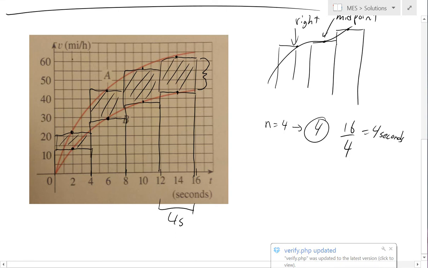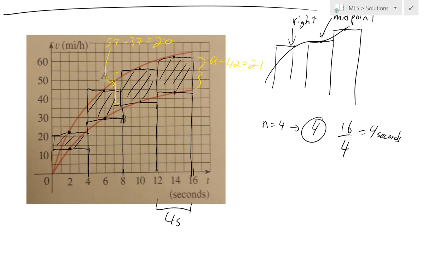This is about 63 minus about 42 right here, that equals 21. I quickly changed the color to yellow to make it easier to see. This one is about 57 minus 37, which is 20, and remember the units are miles per hour.